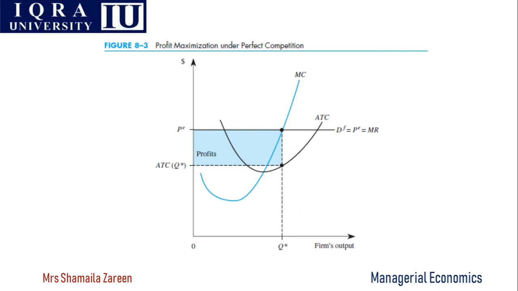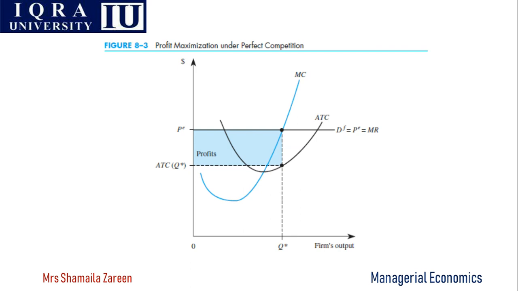So we have to draw the marginal cost curve so that it intersects the marginal revenue to draw the equilibrium line. If the market price is given by the equilibrium price PE, this price intersects the marginal cost curve at an output of Q*. Thus, Q* represents the profit maximizing level of output.